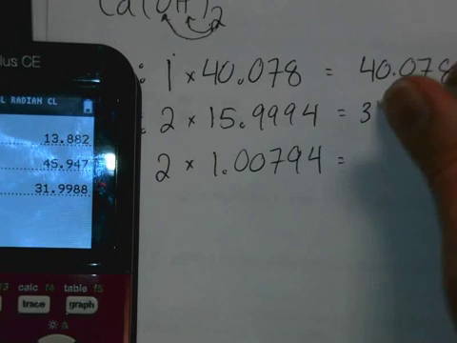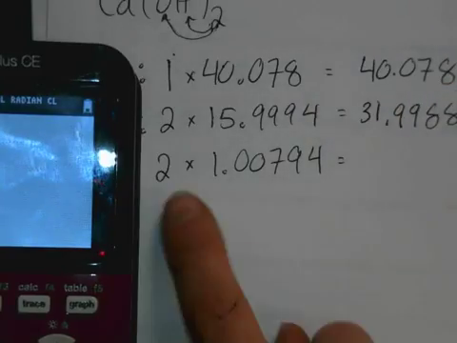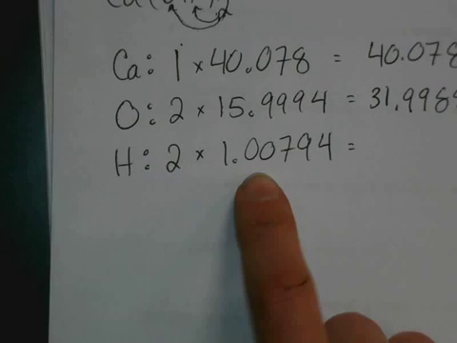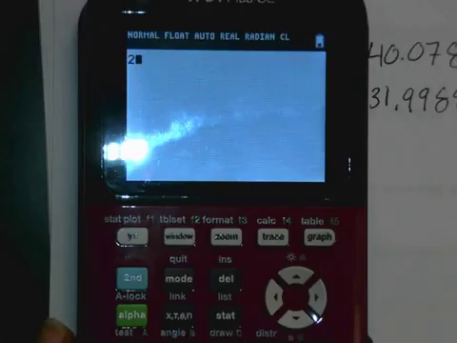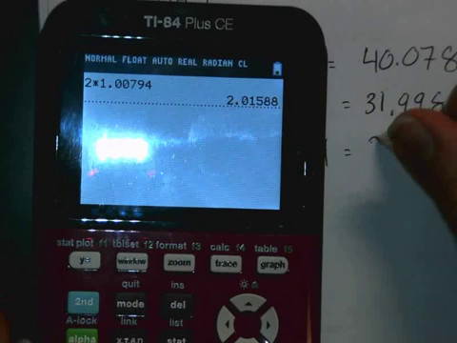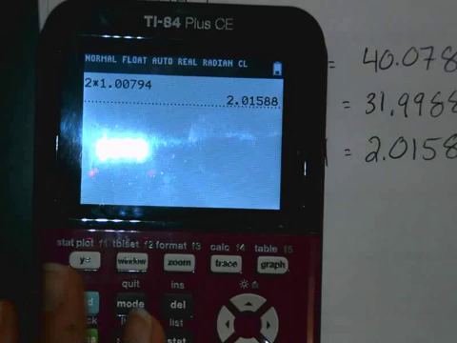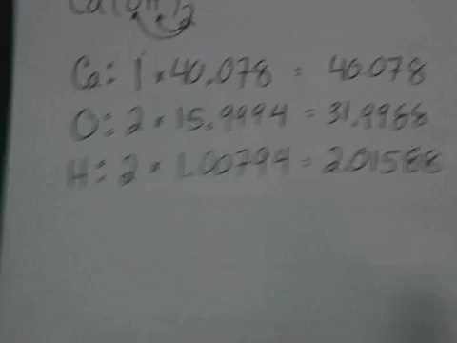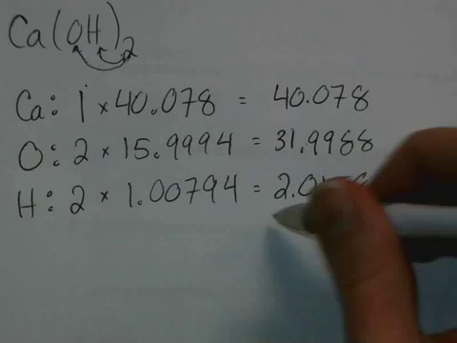We get 31.9988. Then for my hydrogen, I have 2 times 1.00794. So 2 times 1.00794 gives me 2.01588.